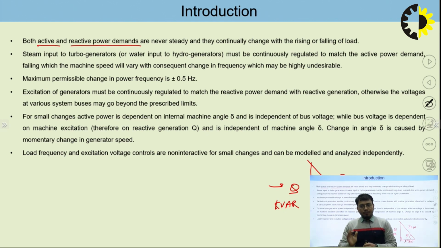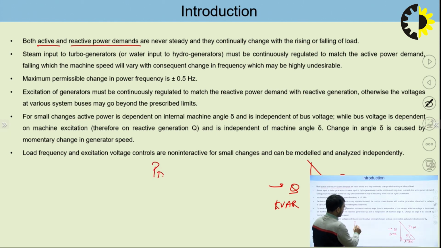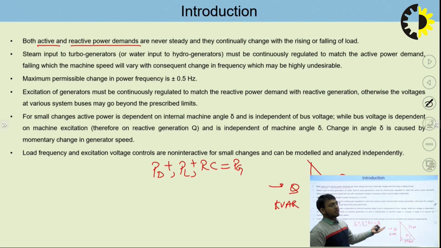Let PD be the power demand, PL the power satisfying the transmission losses, and lastly the reserve capacity. The summation of all these must be equal to PG, the generated power.